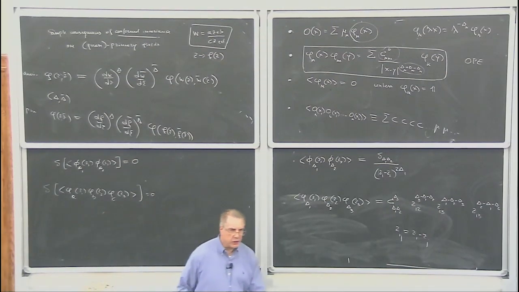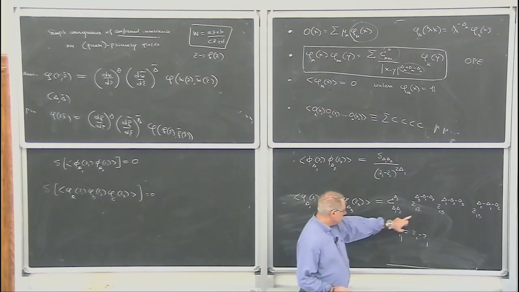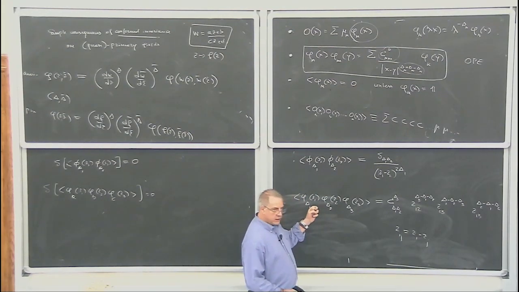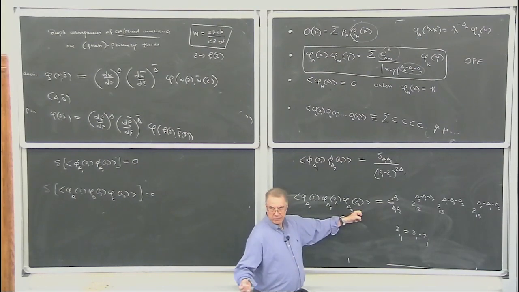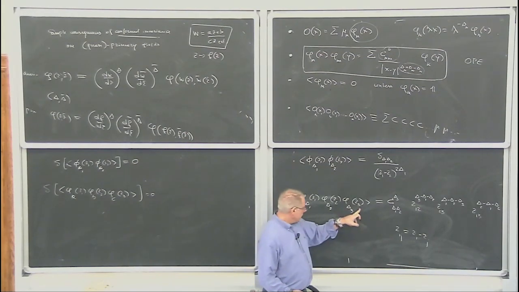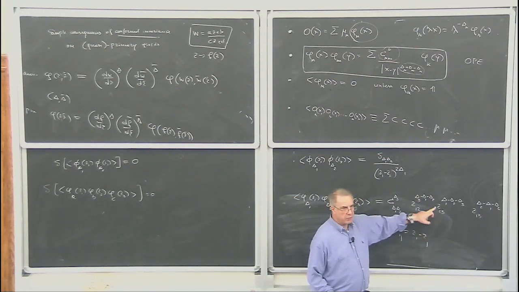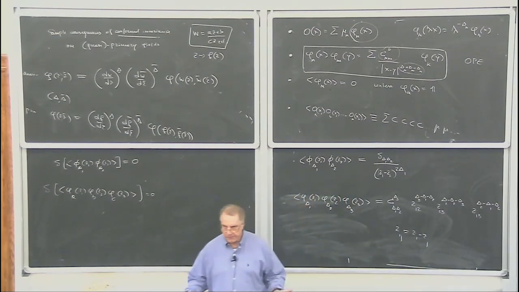The mnemonic rule is very simple. This function should depend on all possible differences, so Z1 minus Z2, Z1 minus Z3, Z2 minus Z3, because it's a translation-invariant function. Each of these differences should have a power-law behavior; it is in the nature of the theory.